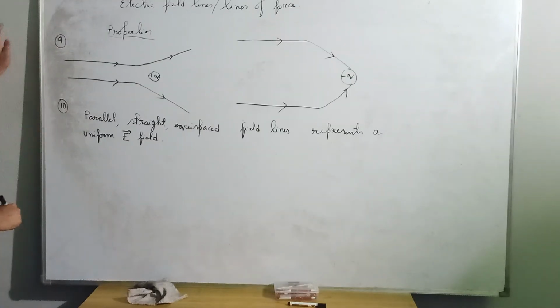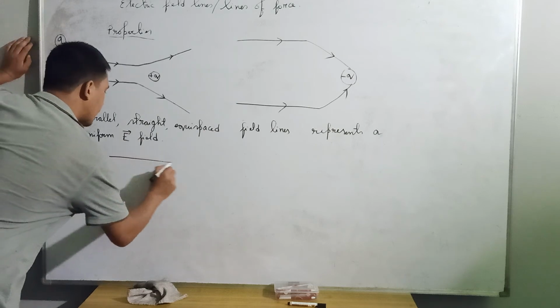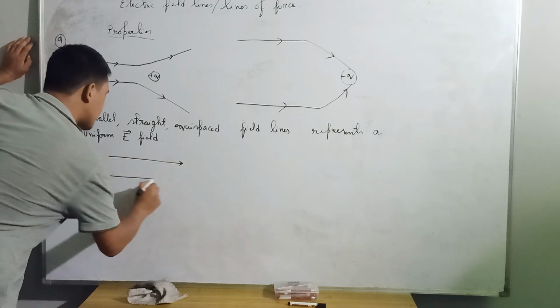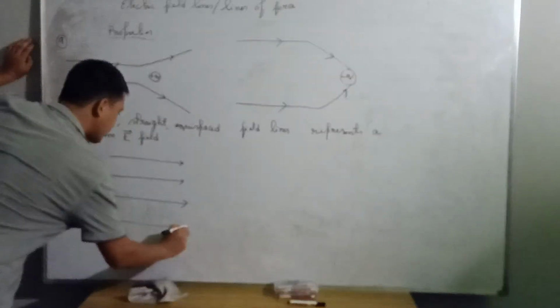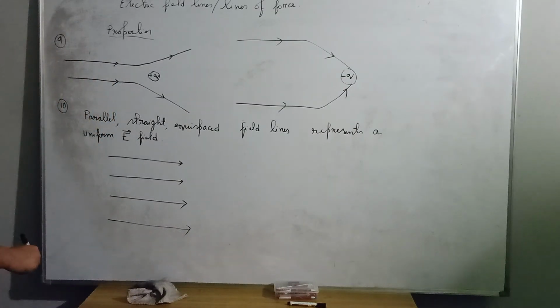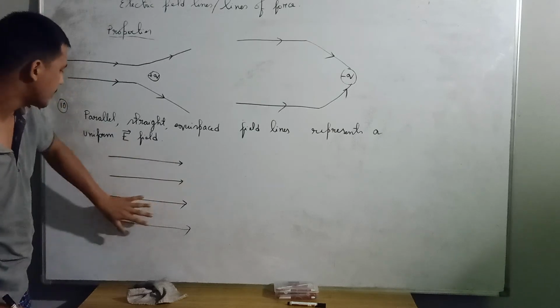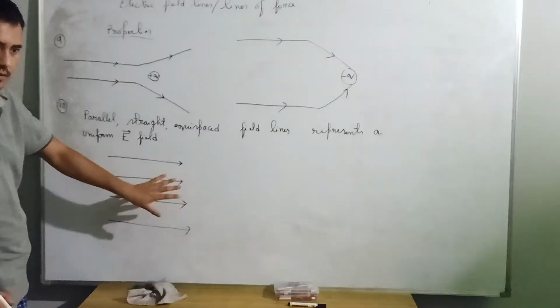Alright. So I'm going to draw parallel, straight, equally spaced field lines. Then this region represents a uniform electric field.